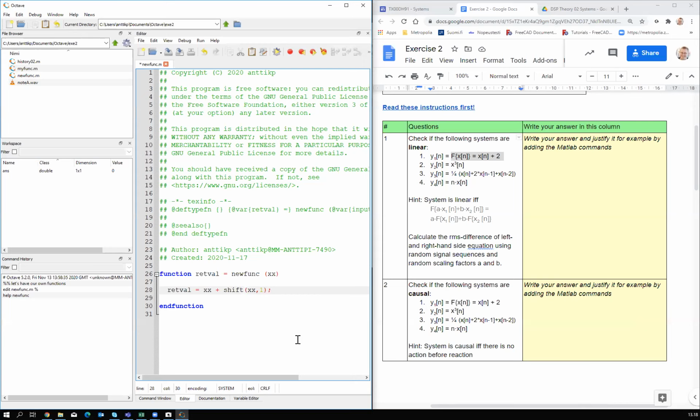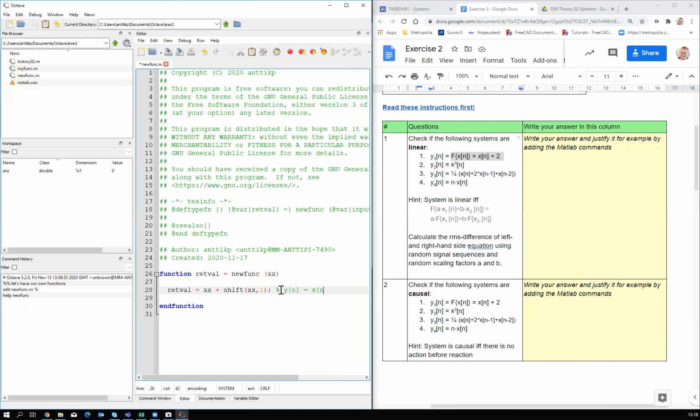This is a very crude way of producing a time shift. I think shift X gives x[n-1]. So this should be the formula for y[n] equals x[n].